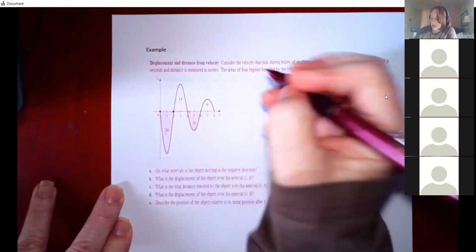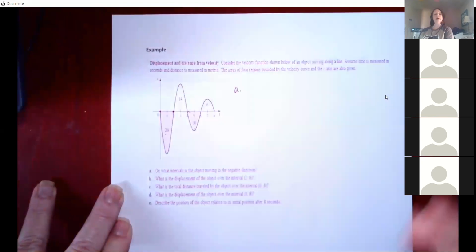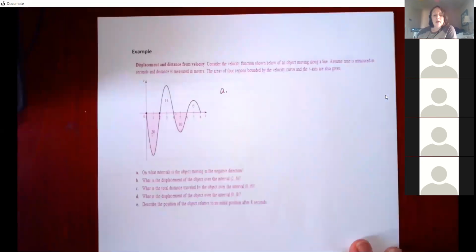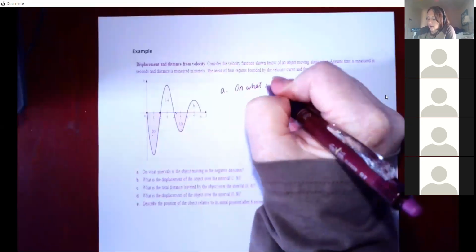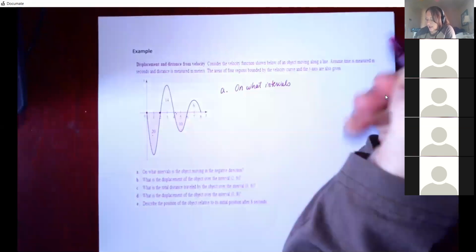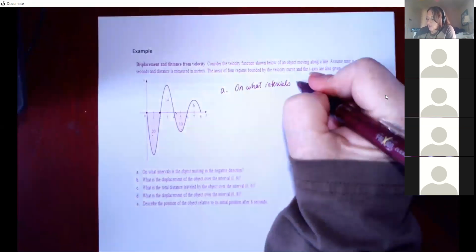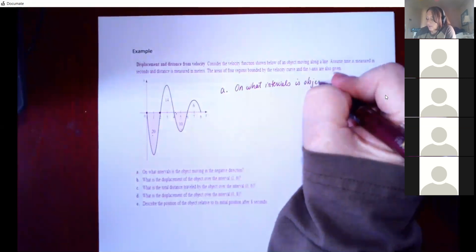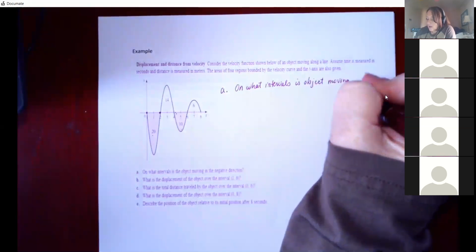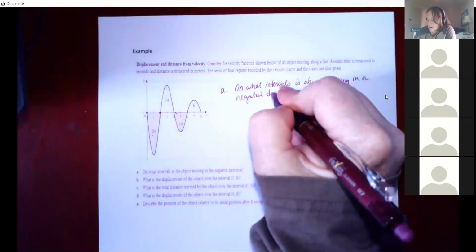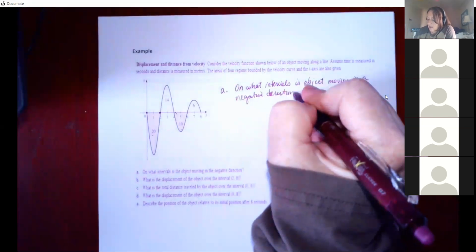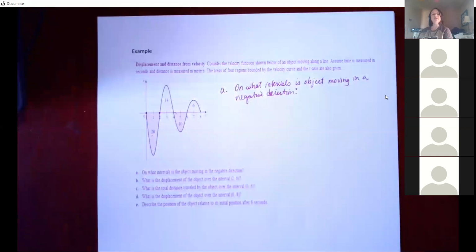So first question, I'm going to rewrite up here because my ink was getting a little bit low before I changed it this morning. On what intervals, I should say, is the object moving in a negative direction? Now, the object moves in a negative direction when velocity is negative, because remember, velocity is basically directional speed, right?